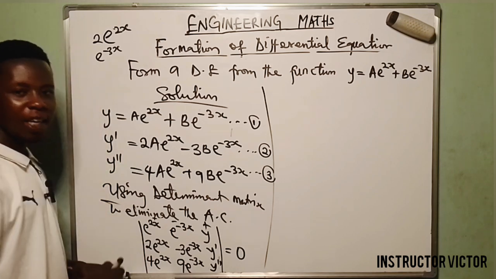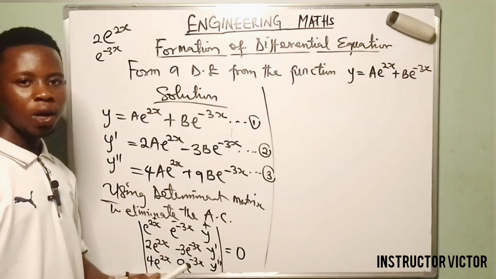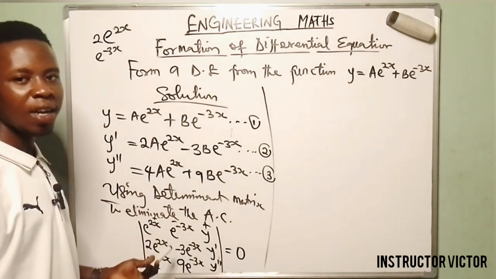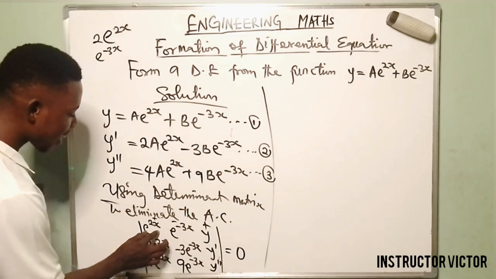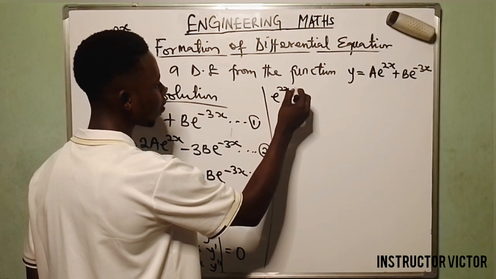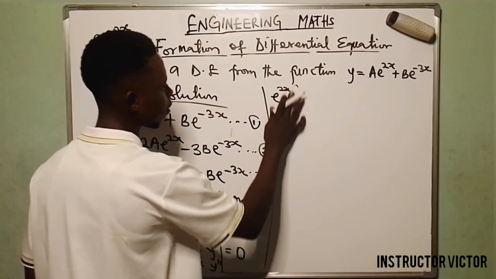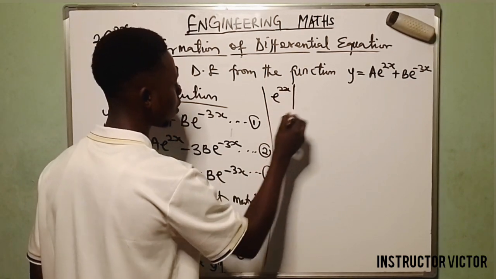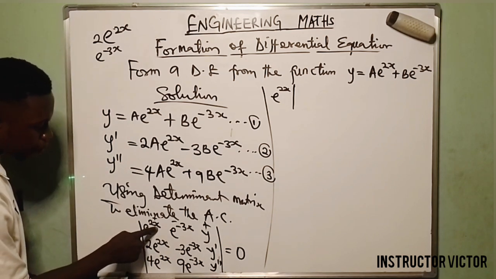Now let us begin. If you watched my previous video, you will get a better understanding of what I'm about to do now. You are going to bring out exponential 2x, and you open a bracket. Now we have exponential 2x here.